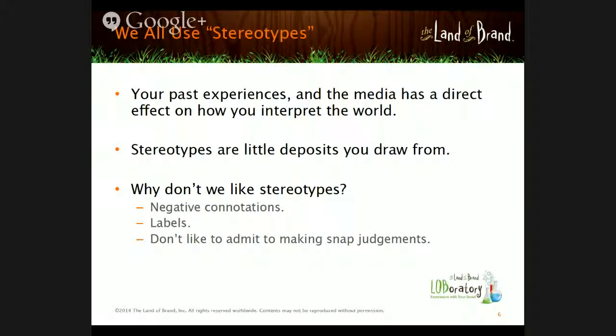So we all use stereotypes. Stereotypes being basically these little deposits of information that you draw from. There are mass media names for stereotypes like hipsters, which is the new hippie, nerds, geeks, jocks. Those are all different types of stereotypes from the mass media.